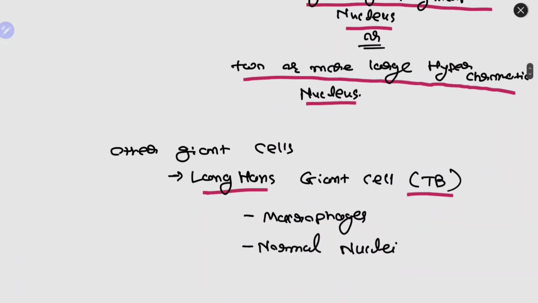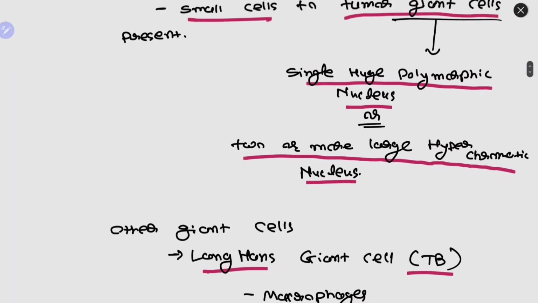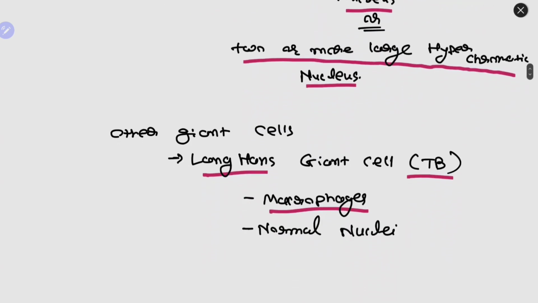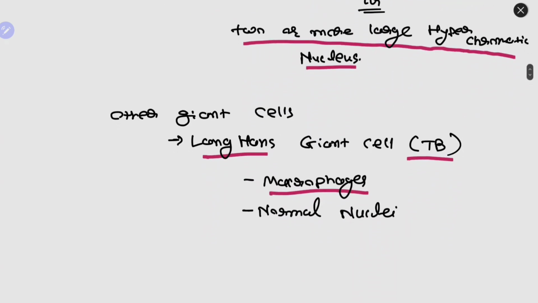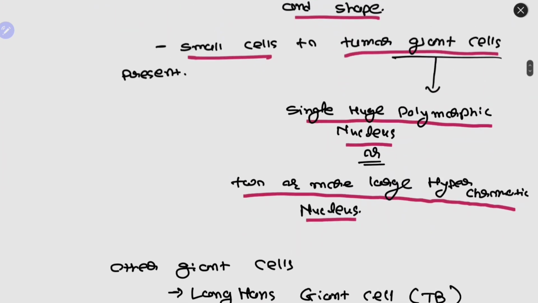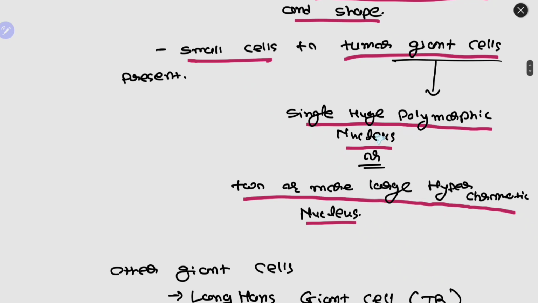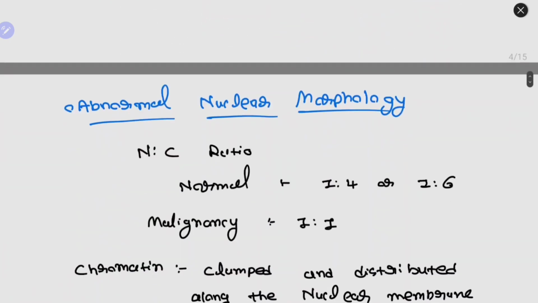Langhans giant cells are made of macrophages, while tumor giant cells are made of abnormal cells. Langhans giant cells are not malignant. They have normal nuclei, while, as we talked here, tumor giant cells have a huge polymorphic nucleus or two or more large hyperchromatic nuclei.